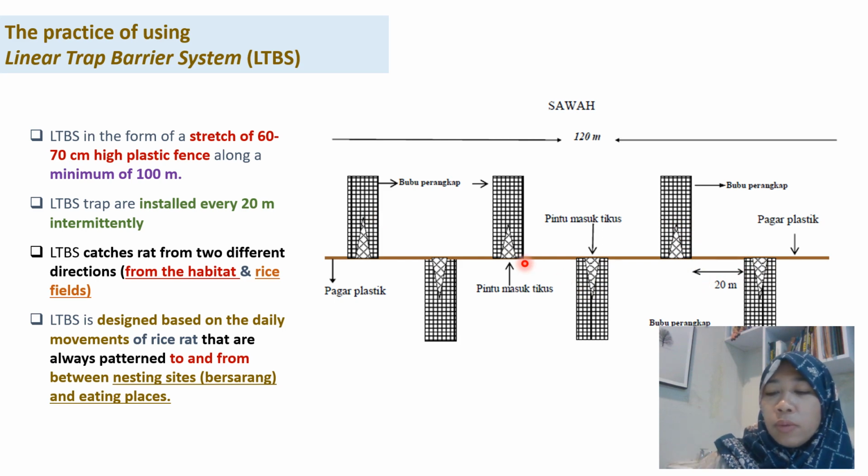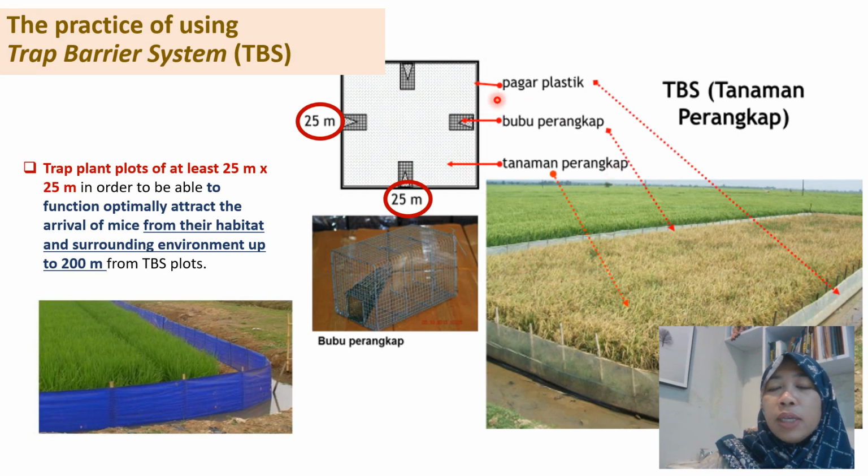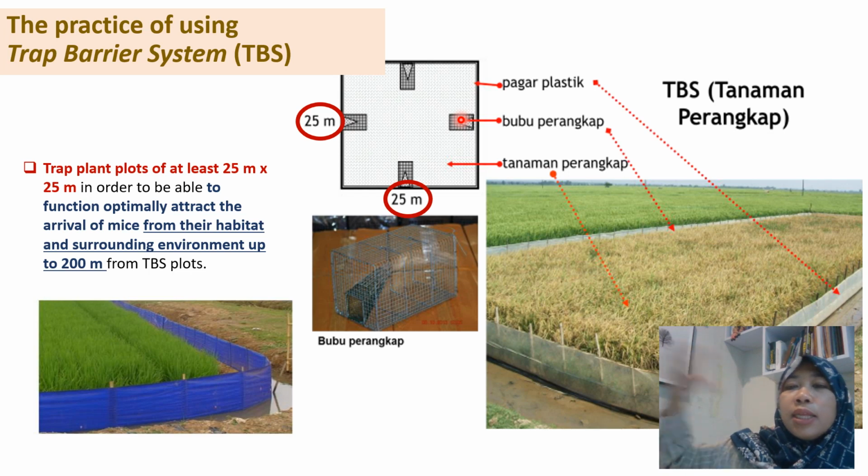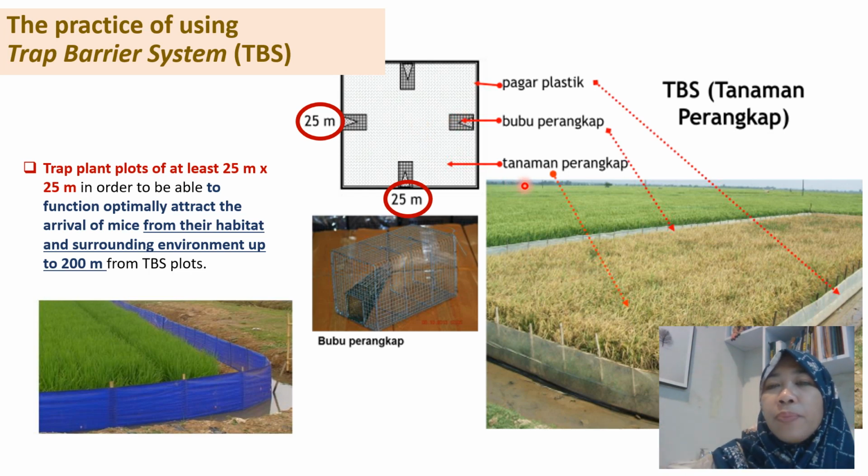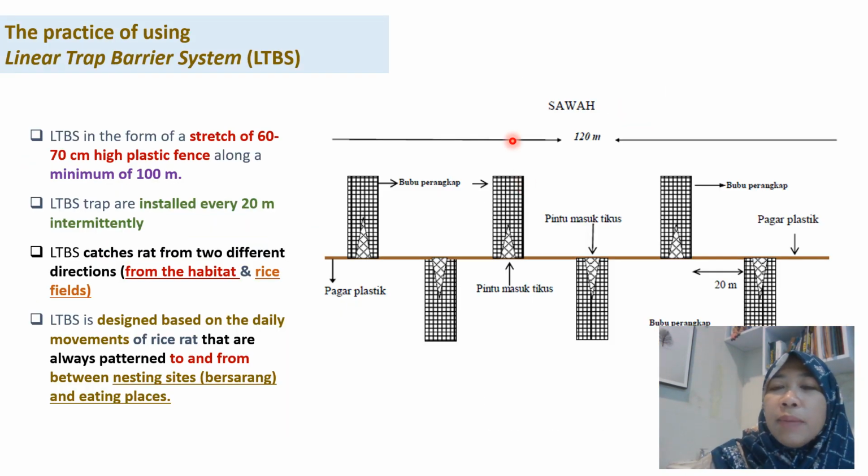What is the difference with the TBS? The TBS, as you see in the picture, only catches rats from outside, from the surrounding area. But in the LTBS, there are two sides of bubu trap, so they can catch the rat from inside the paddy field or outside the paddy field.